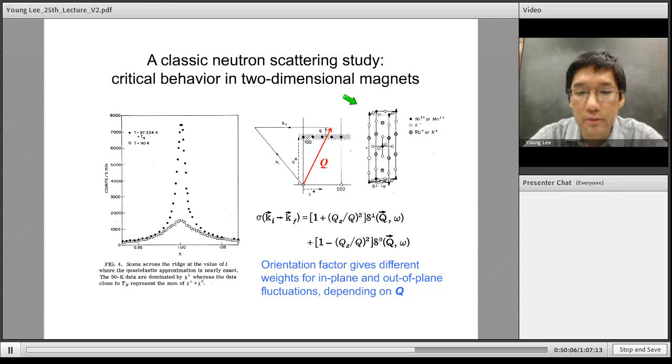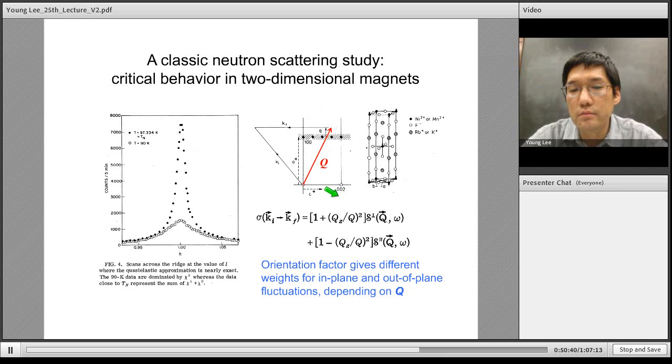So you want to differentiate, and that's what's shown here in the cross-section, between the spin fluctuations that are perpendicular to the c direction and the spin fluctuations that are along the c direction. The nice thing, and we've discussed this before, is that the neutron cross-section also has this orientation factor due to the dipole interaction of the neutron with the moment, and that's one way to help distinguish this.